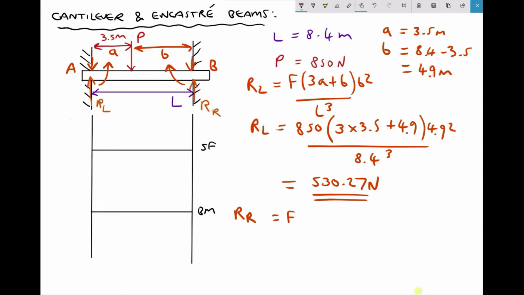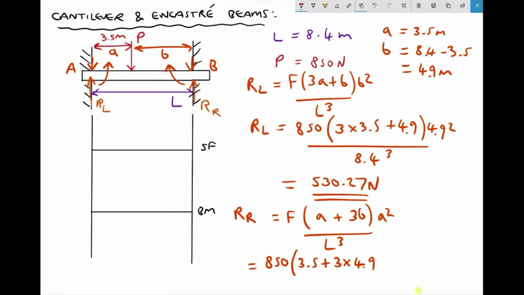We have F times A plus 3B times A squared over L cubed. And running our numbers, we have 850 times A, which is 3.5, plus 3 times B, or 3 times 4.9, all multiplied by A squared, or 3.5 squared, and all divided by our length cubed, 8.4 cubed.